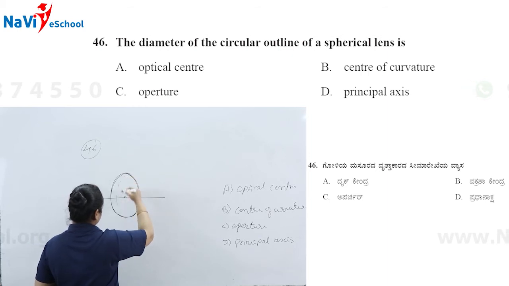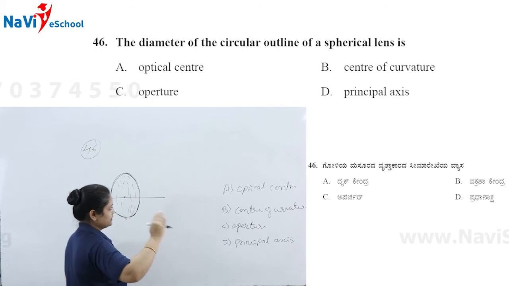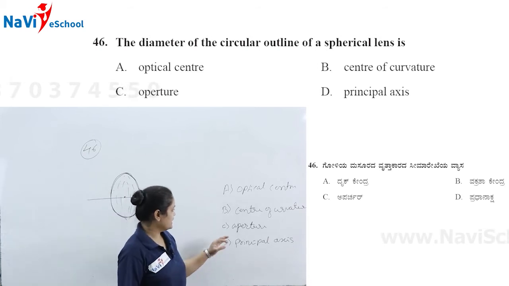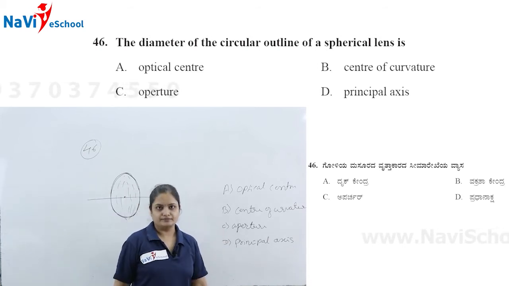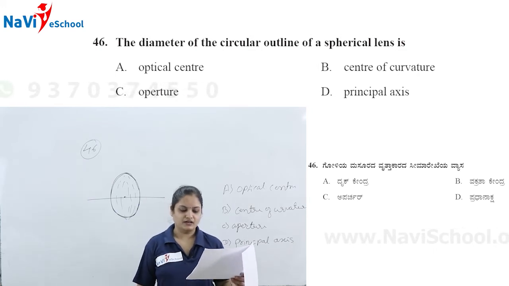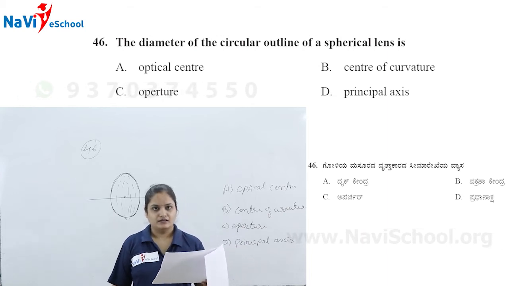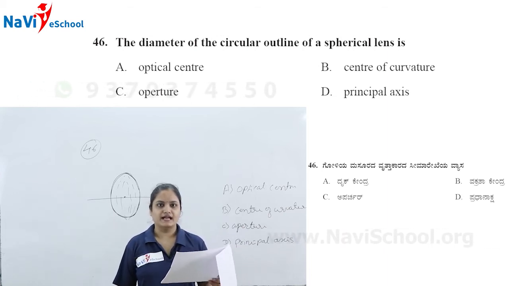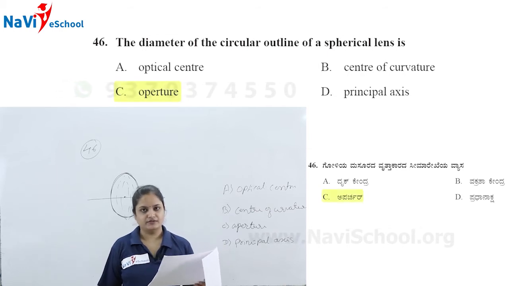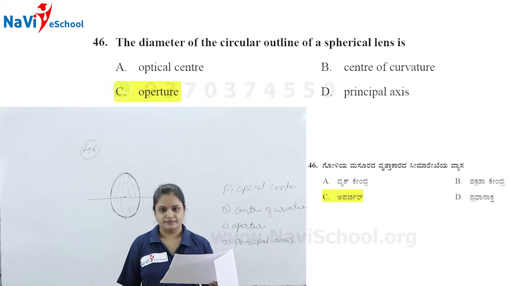See, it is like this, the surface, the curvature, that we call the aperture. Here the diameter of the circular outline of a spherical lens, we call it aperture. Therefore, option C is our answer.